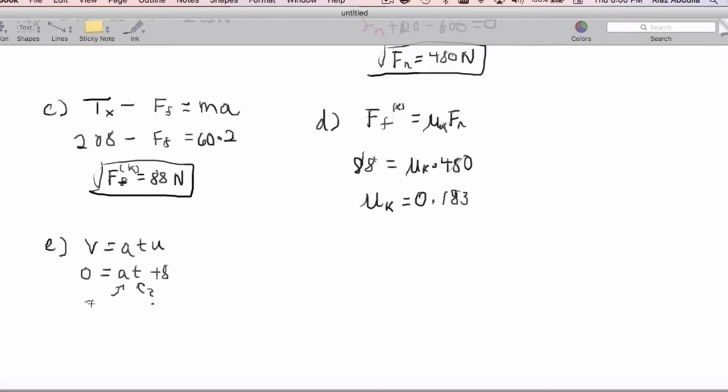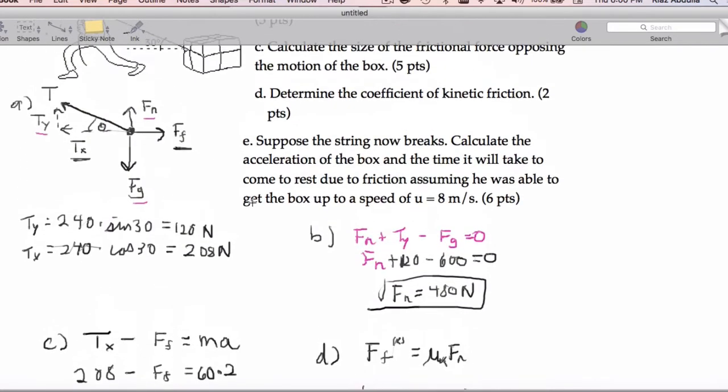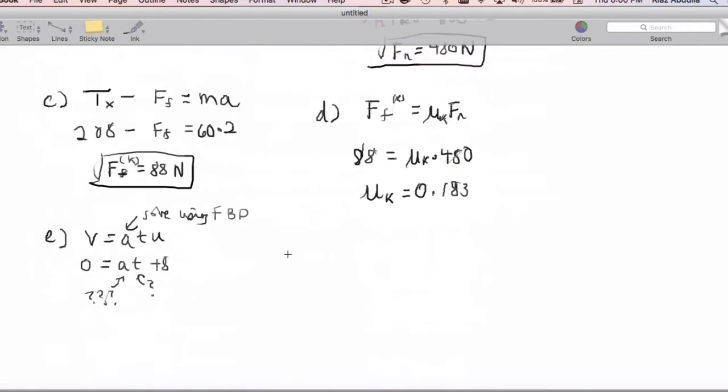But the question is, what do we put in for acceleration? And to be clear, if I don't give you the acceleration, you have to solve using the free body diagram and forces. So in this case, we cut the string, and that means it no longer acts.